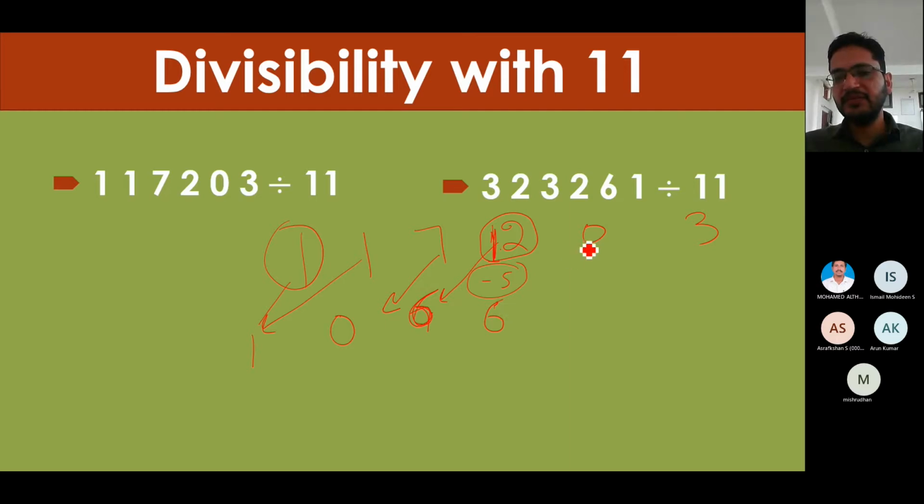Now in the next step, 0 minus 6, again that is a negative number. I will take 1 from this number 6, so this will become 5, and I will give this 1 to 0, means I will write 1 before 0. So this will become 10. Now 10 minus 5, that is 5. Now I will subtract 5 from 3. 3 minus 5, that is minus 2.